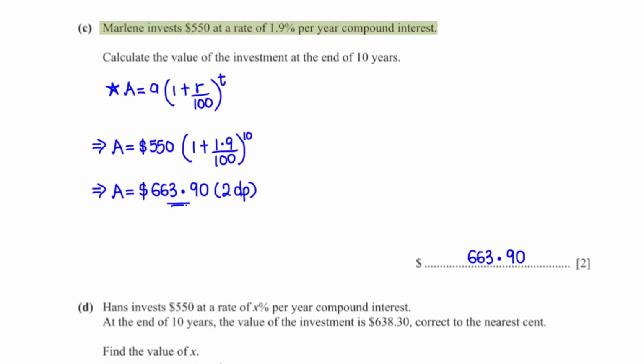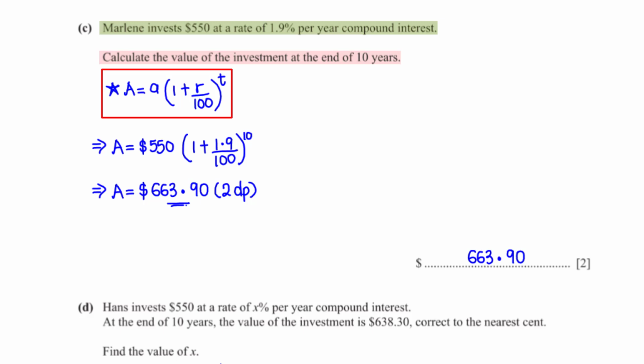Marlene invests $550 at a rate of 1.9% per year compound interest. Calculate the value of the investment at the end of 10 years. For compound interest, we can calculate the final value of the investment using this formula. Big A represents the final value of the investment, which is what we are finding.